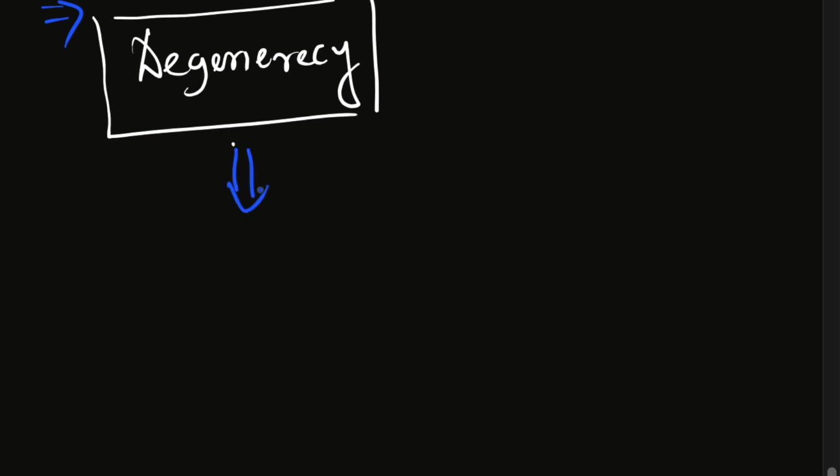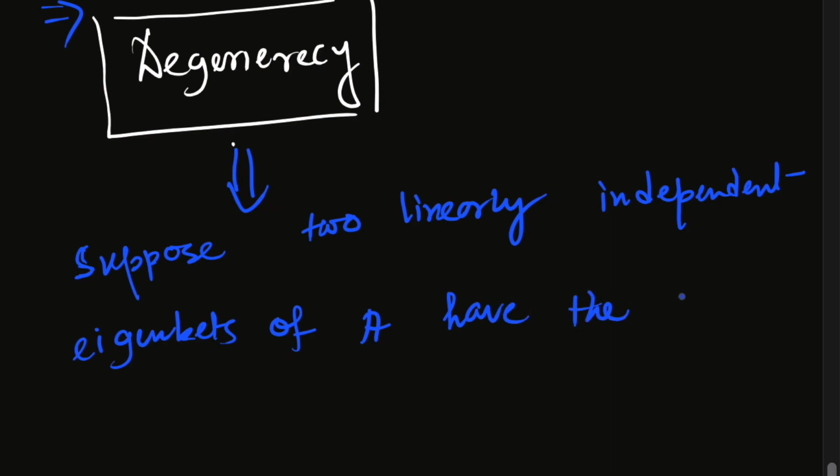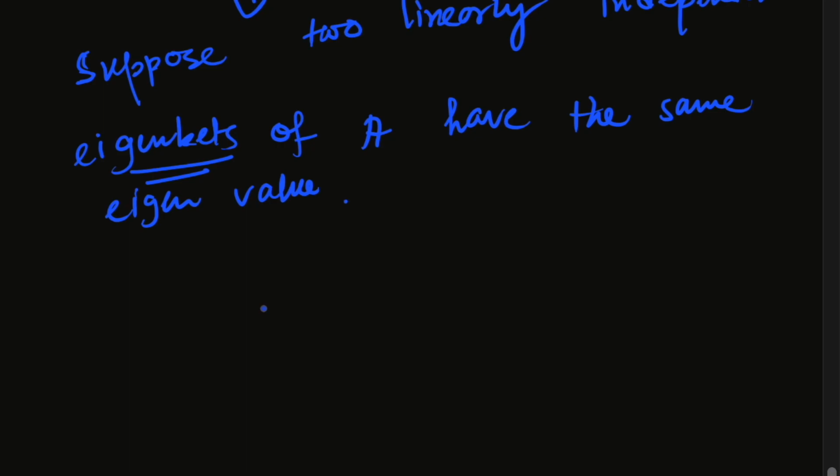Suppose two linearly independent eigenstates of A have the same eigenvalue, then these two eigenstates are called degenerate eigenstates, and this is called degeneracy.